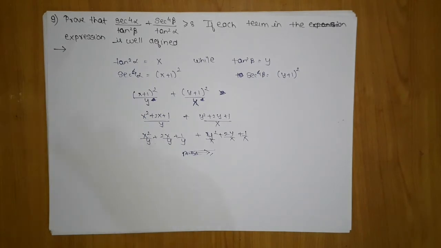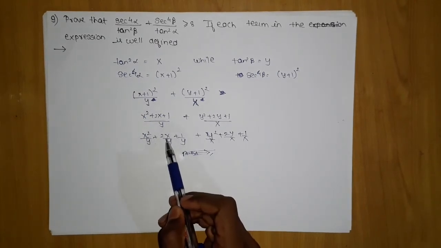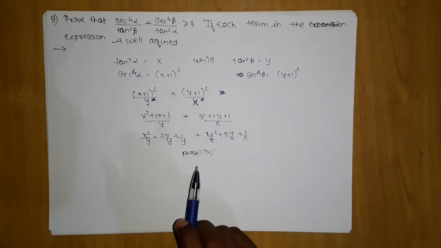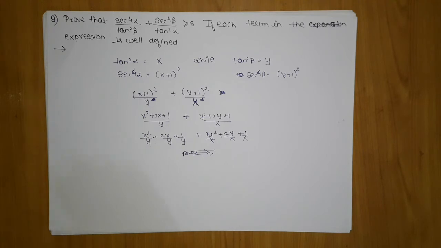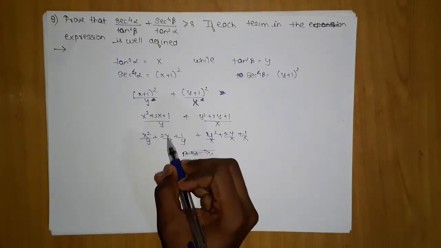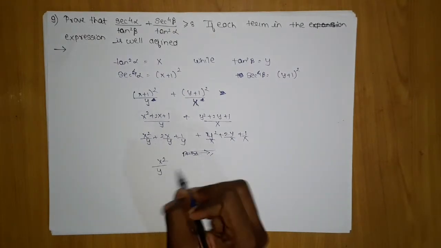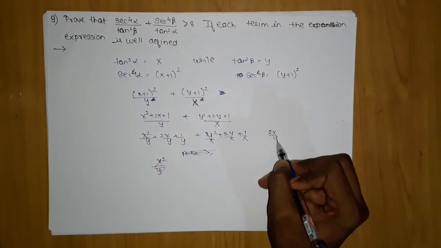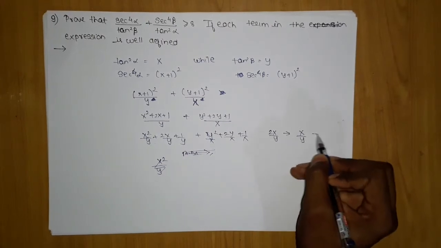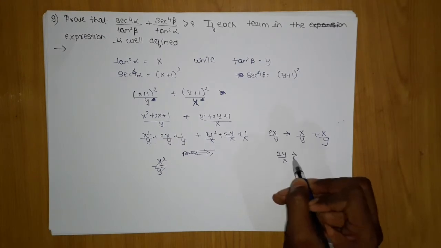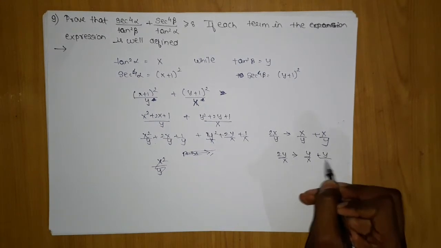So what we can do: here we have x square, 2x by y, 1 by y, and 1 by x, and here y square by x, 2y by x. Can I write 2x by y as x by y plus x by y, and 2y by x as y by x plus y by x?